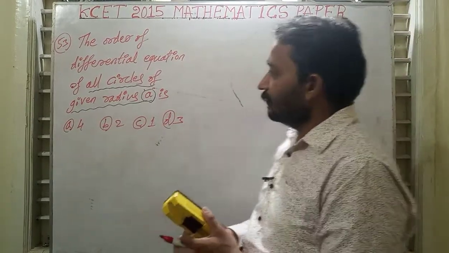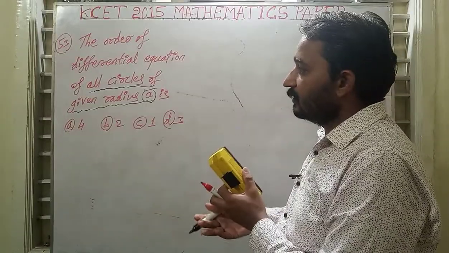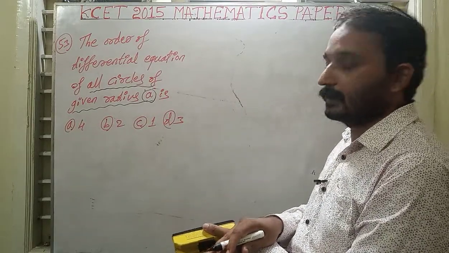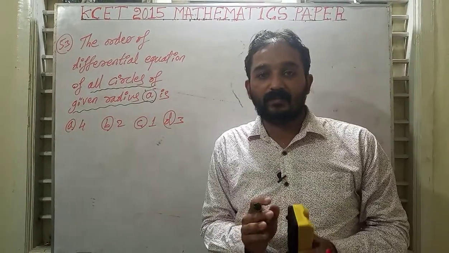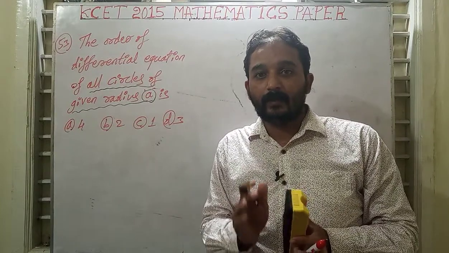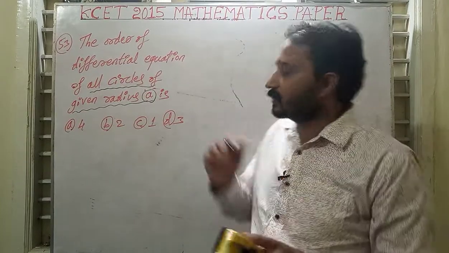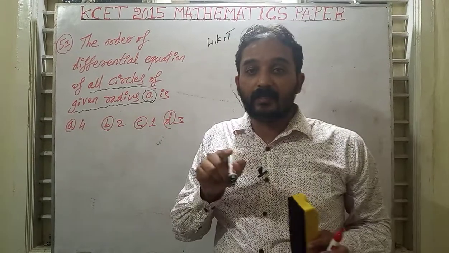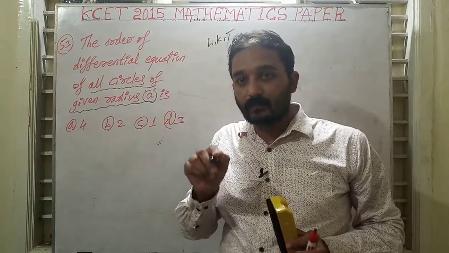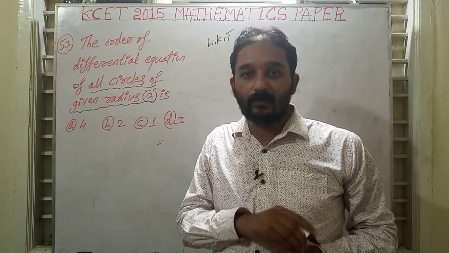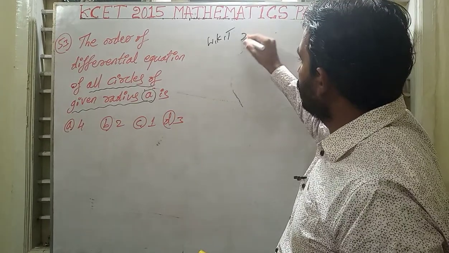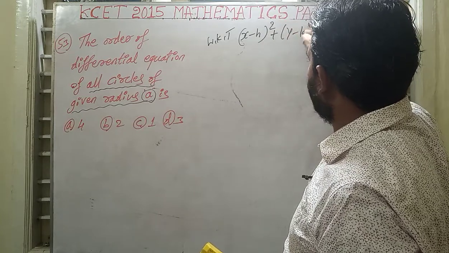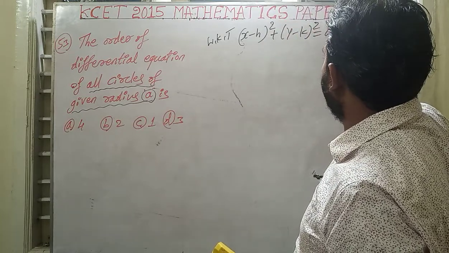So now write down the general equation of a circle. What is the general equation of a circle? We know that the general equation of a circle is x minus h whole square plus y minus k whole square is equal to a square.